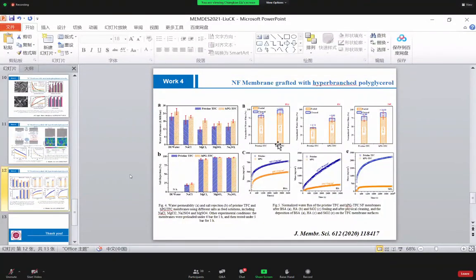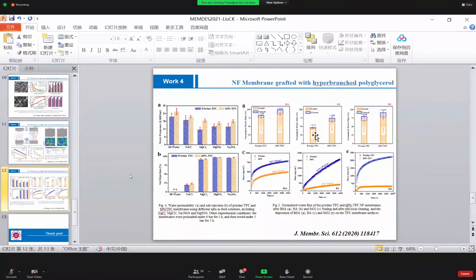We found that with all three foulants, the modified membranes show better anti-fouling performance, especially with the humic acid, because the humic acid would pollute the surface very seriously.